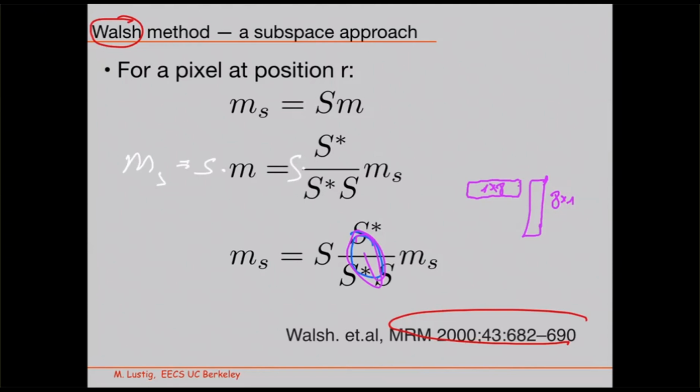Okay, this is MS. And this is S conjugate over S conjugate S, which is a 1 by 8. And then S is again 8 by 1. This is the coil sensitivities. Okay, so that is S, and that equals an 8 by 1, so MS. Okay, all right. So pretty much what it means is that there's a rank 1 matrix.